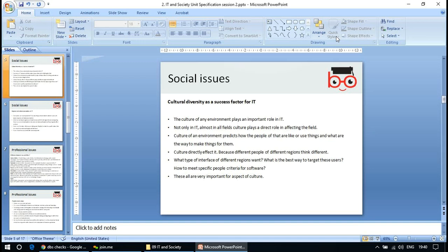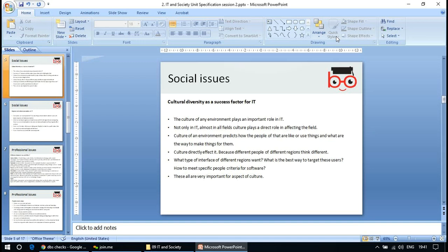So this means that in IT, for example, if you have a team of diverse culture, for example, some staff from Wales, some staff from Scotland, some staff from Ireland, and a couple of them from Germany, then if you would be working on a project which is to be used maybe not only in the UK but in Europe as well as globally, then if one mindset, like one culture, would be developing anything related to IT, they may have limited information regarding the cultural aspects.